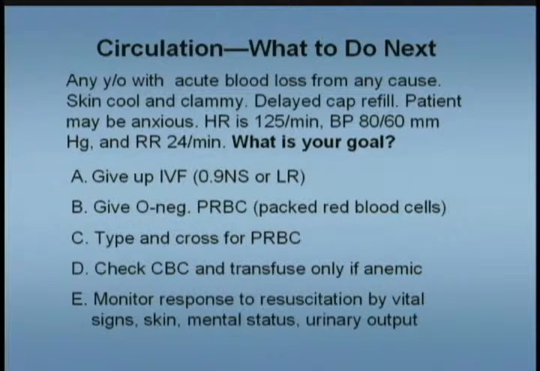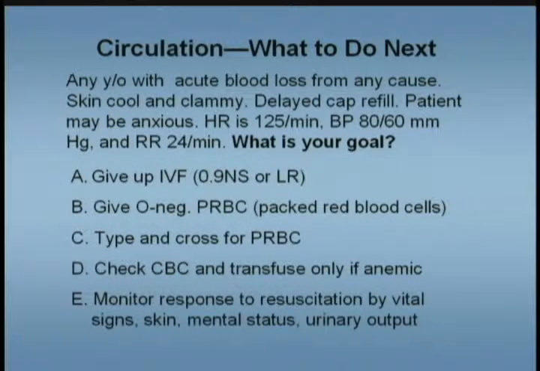So I want you to think now of the case of anyone with blood loss who has a problem with circulation. This goes for any age, 1 day to 99 years old, and it goes from acute blood loss from any cause. It can be from trauma, it could be from a medical condition, it could be GI bleeding, the blood can be dripping on the street, the blood could be internal bleeding, it doesn't matter.